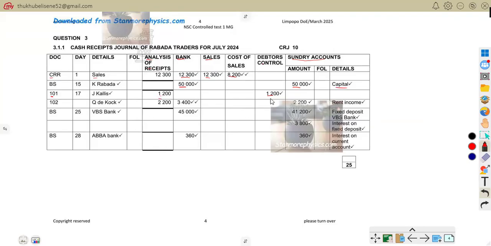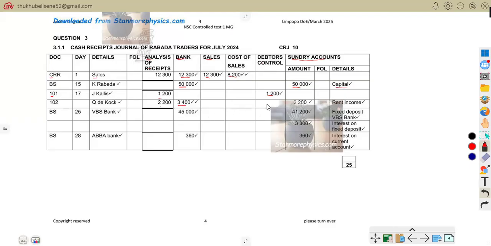Then we take that money into the bank, but we add the rent we received, 2,200. When you add 1,200 plus 2,200 of rent, we're going to have 3,400 in our bank.